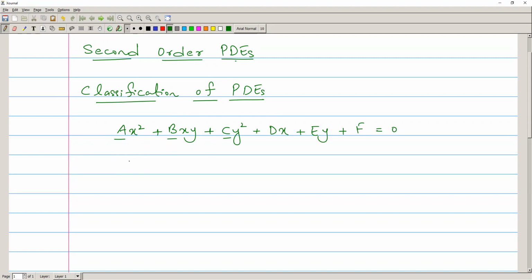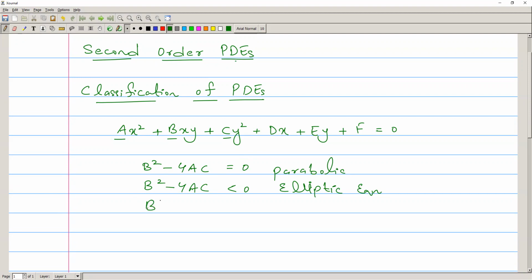So how did we classify? When b squared minus 4ac was equal to 0, we said that the equation is a parabolic equation. When b squared minus 4ac was less than 0, we said that this is an elliptic equation.